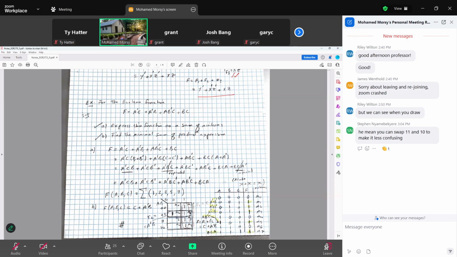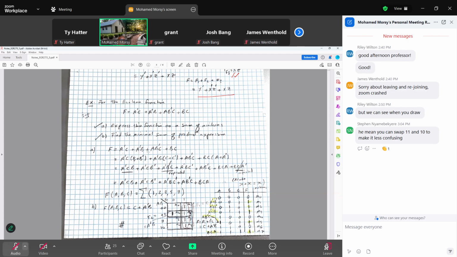So what do we do to get A inverted C as 3 variables? Which variable is missing here? B is missing, right? In this term, B is missing, so we multiply by B plus B inverted. Plus A inverted B. What is missing here?